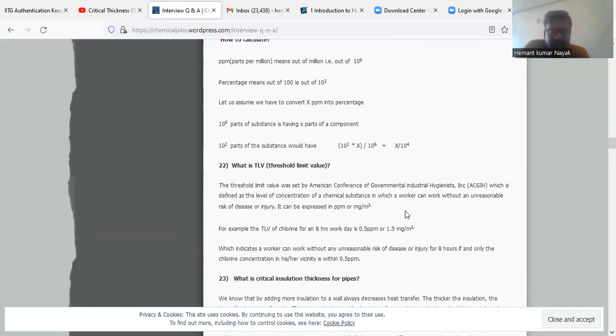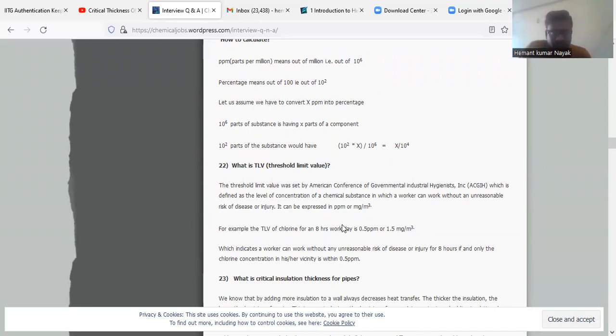What is the threshold limit value? The threshold limit value is defined as the level of concentration of a chemical substance at which a worker can work without unreasonable risk.